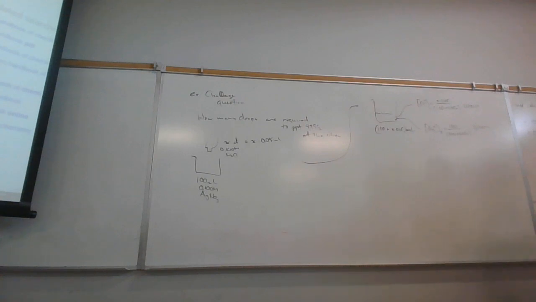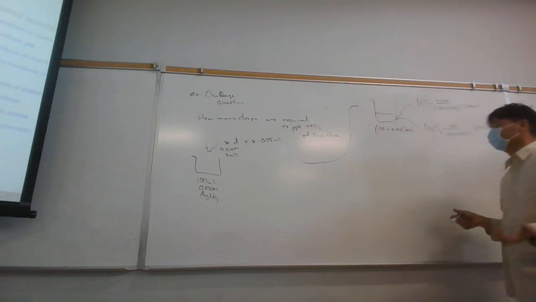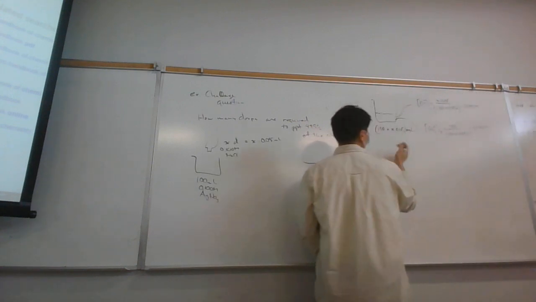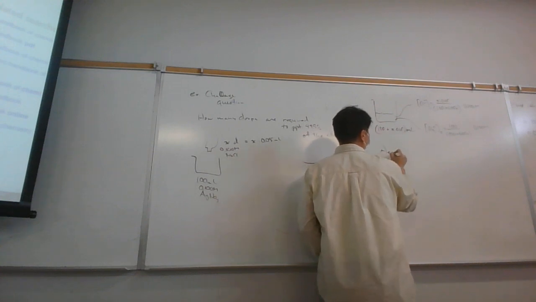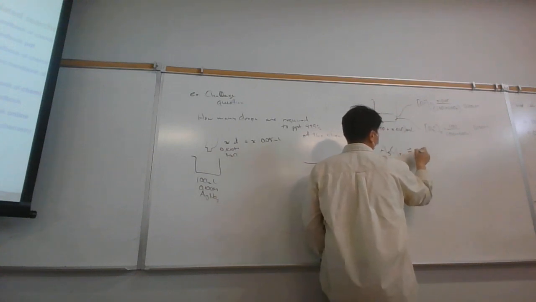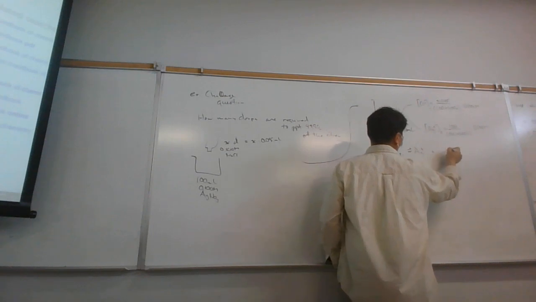What should be our equilibrium silver concentration? Well, we can set up the ICE table here. The next step is to set up the ICE table for silver chloride solid going to silver ion plus chloride ion.